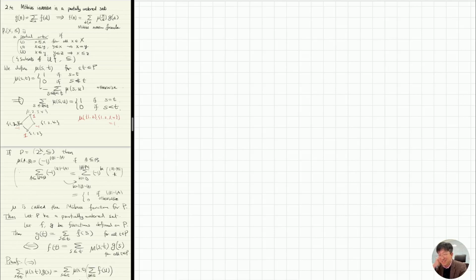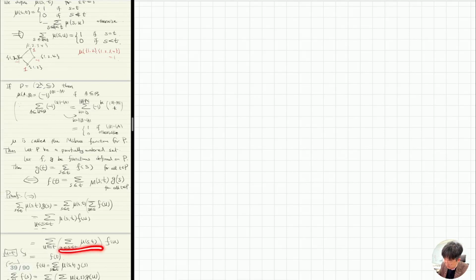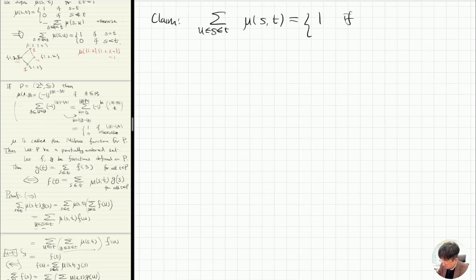One of the students emailed me saying that there's an issue in my lecture about the Mobius inversion formula. There was one problem in the proof of the theorem. The claim is that the sum of mu S T is 1 if u is equal to T and 0 otherwise.